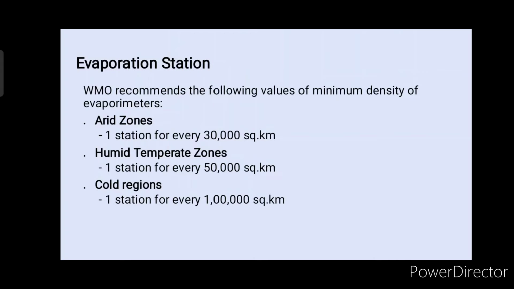In humid temperate zones, it needs one station for every 50,000 square kilometers, and in cold regions, one station for every 100,000 square kilometers.